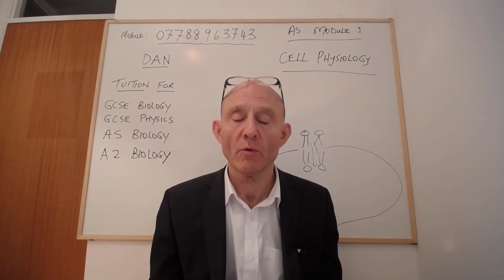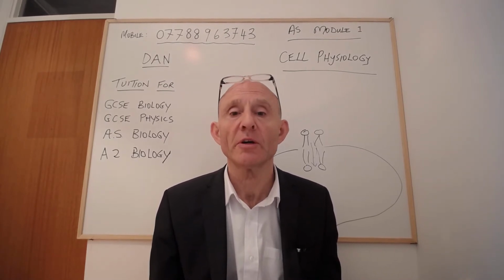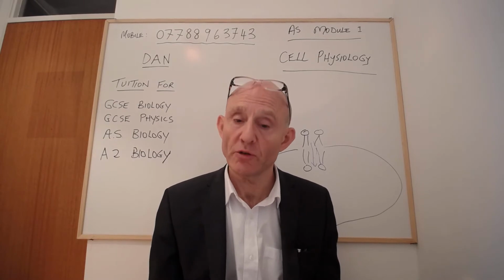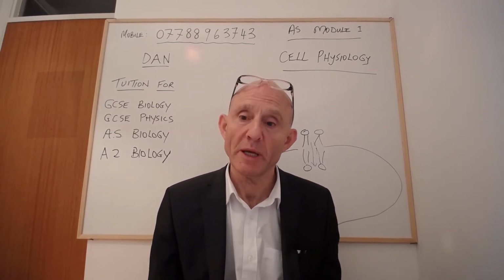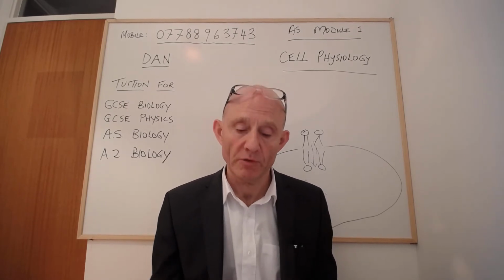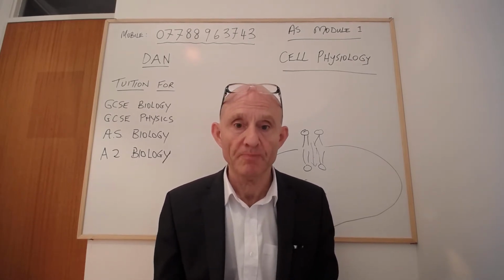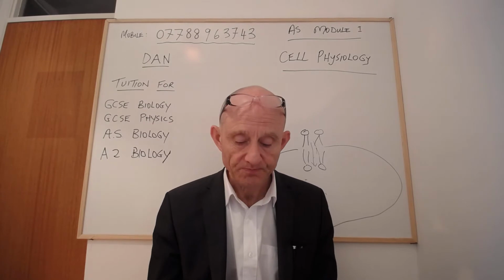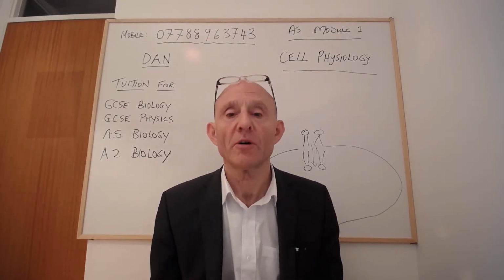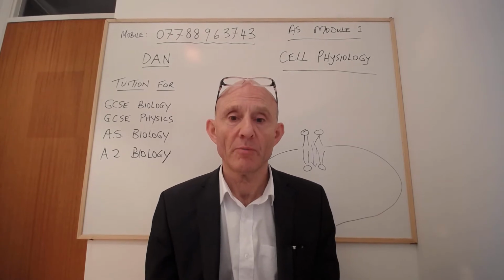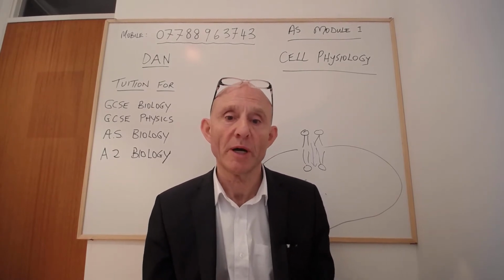Why would you have a low level of oxygen inside the cell? Well, if the cell is using up oxygen for respiration, then the level of oxygen inside the cell will remain low, and therefore oxygen will simply diffuse across the membrane.